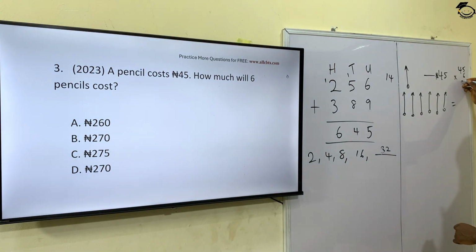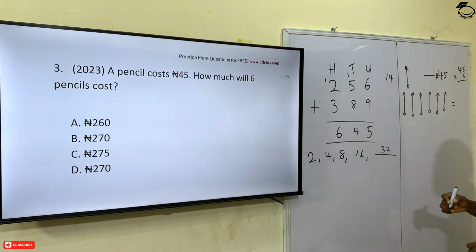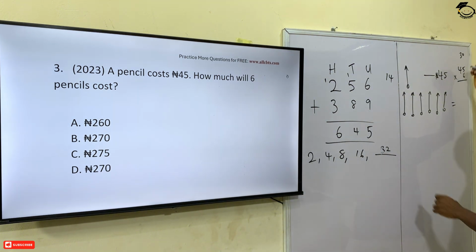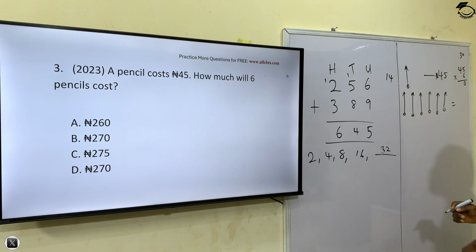So 45 times 6: 6 times 5 is 30. Like I told you, you put the backward number here first, and the number in front, you take to the next row.